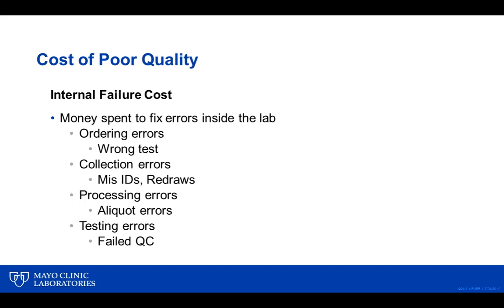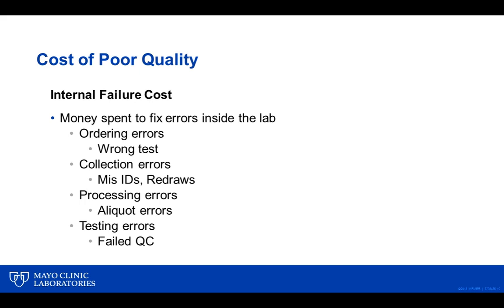It has to be revised, and this takes time to retest this whole set of specimens and have to issue revised reports. So these are errors that happen within the lab. It's undesirable, and we have to make sure that we can avoid them, because we call them waste in our system that we're trying to fix. Anytime you have to fix waste, you're spending money to do that.